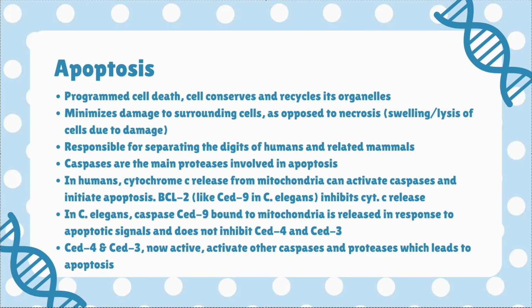So necrosis is a type of cell death that is not good. It's when the cell swells, and this results in the lysis of the cell, spillage of organelles, spillage of cell components, and damage to nearby cells. Apoptosis is responsible for separating the digits, the fingers and toes, of humans and related mammals.